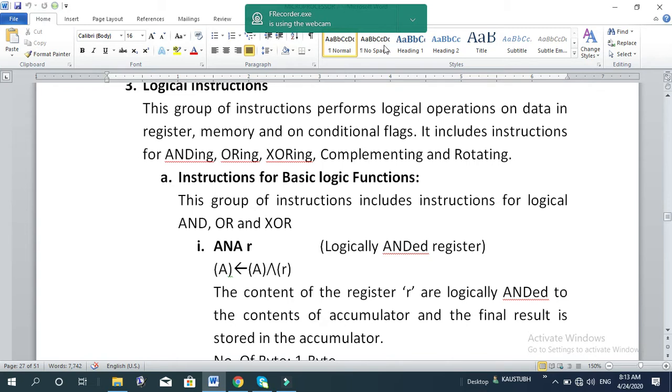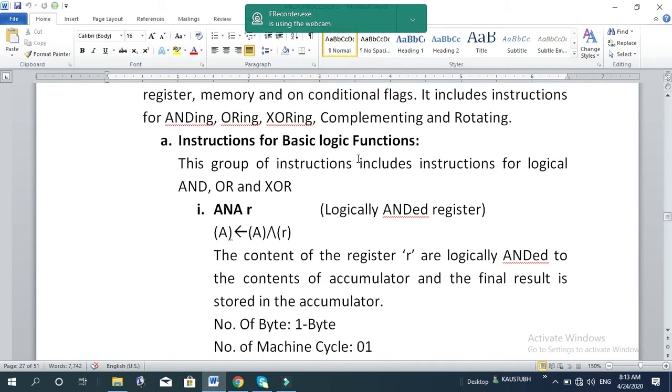And the result, again like addition or subtraction, is placed in the accumulator. Actually the result replaces the content of the accumulator, because before the instruction the accumulator holds one of the operands, and after execution of the instruction the accumulator holds the result.